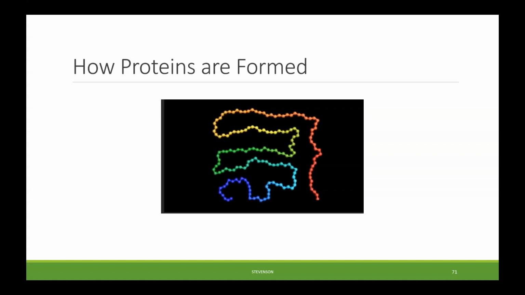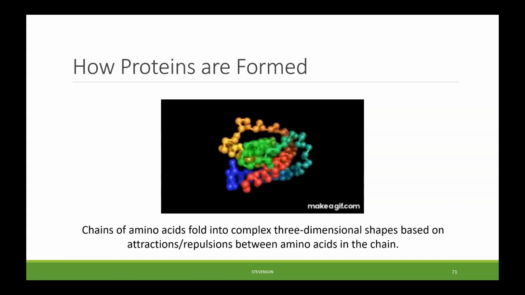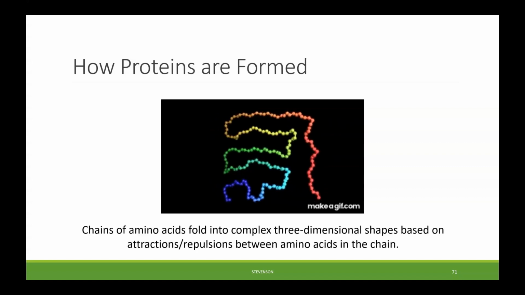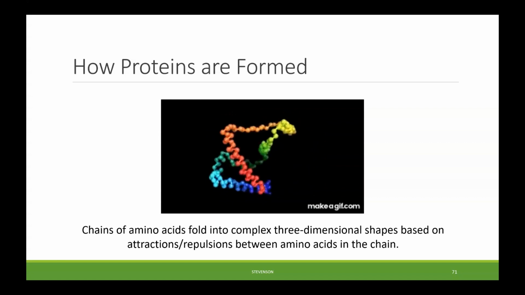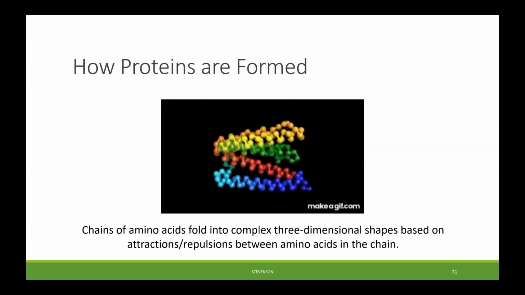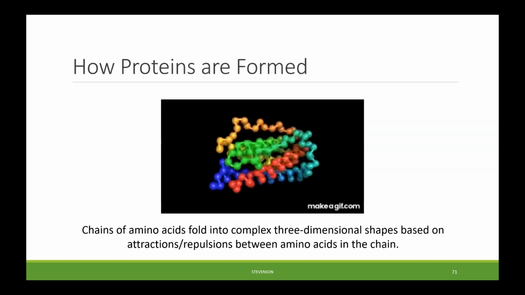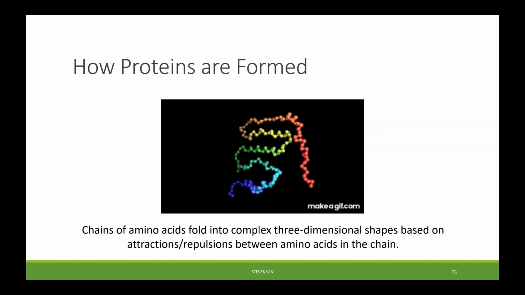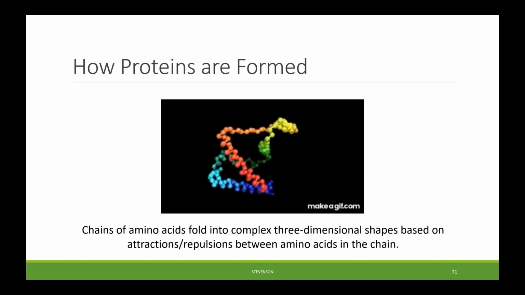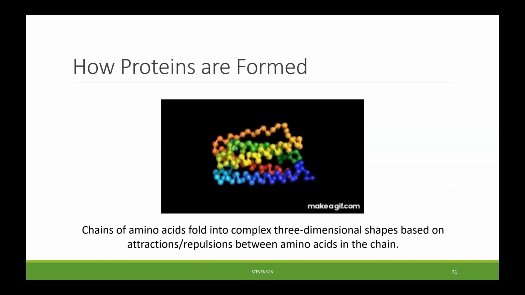The chain won't stay a chain. It will bend, it will fold, it will wind, it will cluster on itself to form a distinct shape. Every protein has a distinct shape, and what drives the formation of the shape from the chain is attractions that individual amino acids within the chain have towards each other.